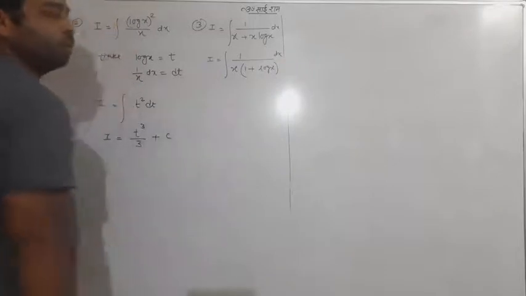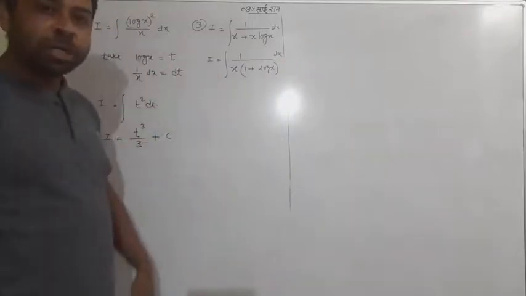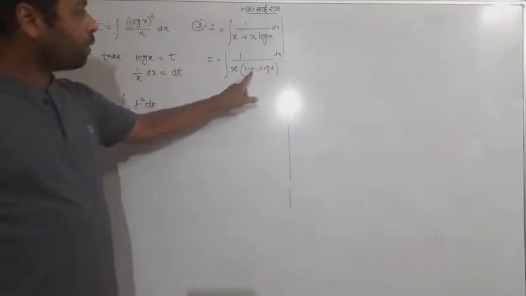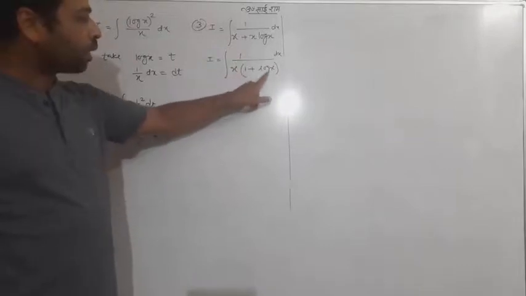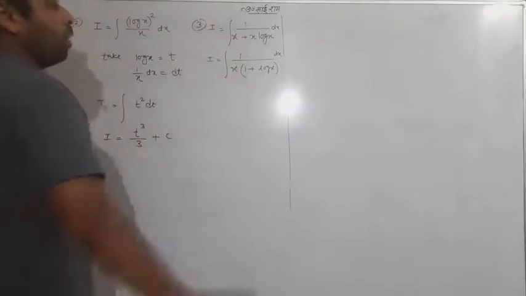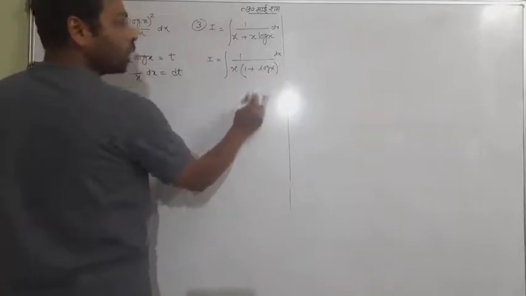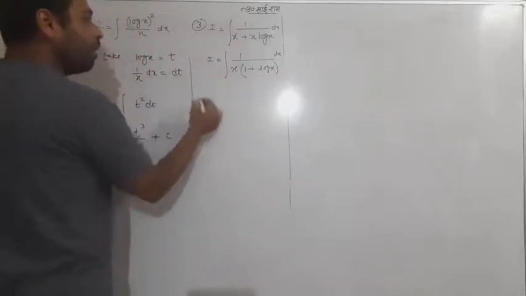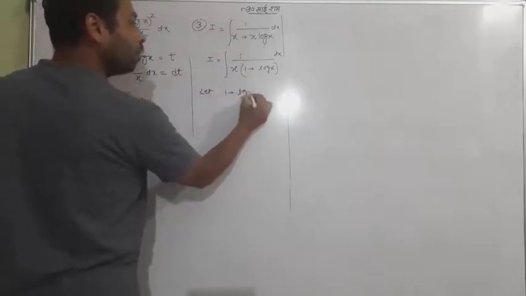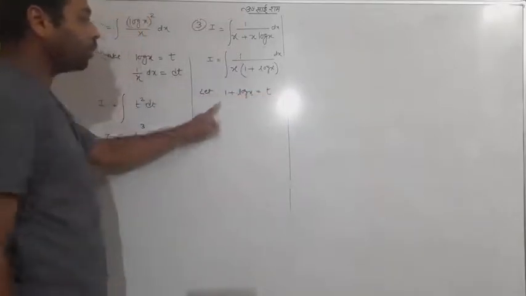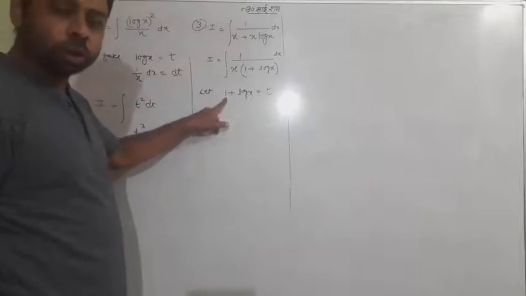Again, the same scenario is here, that we have 1 by x, so you have to consider log x equal to t. You can assume log x equal to t, but I think if you take along the 1, so 1 plus log x equal to t, it is better, because the differentiation of 1 is going to be 0.